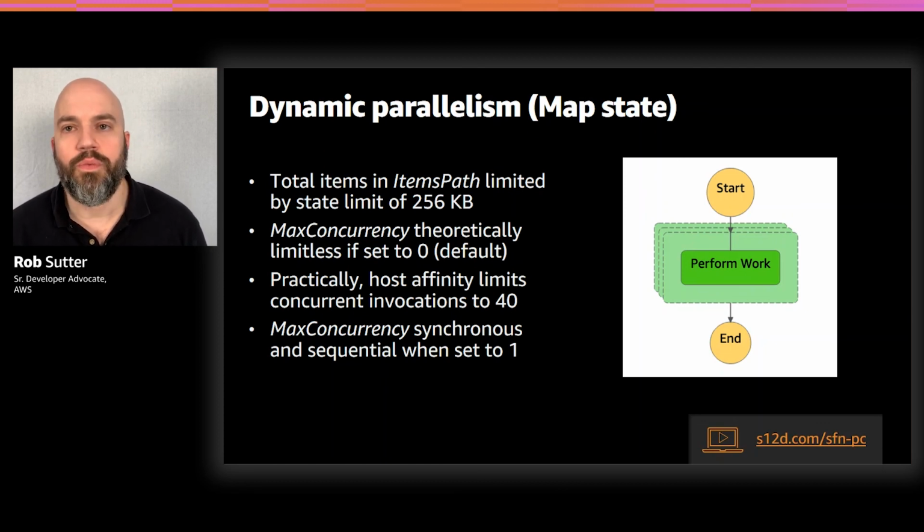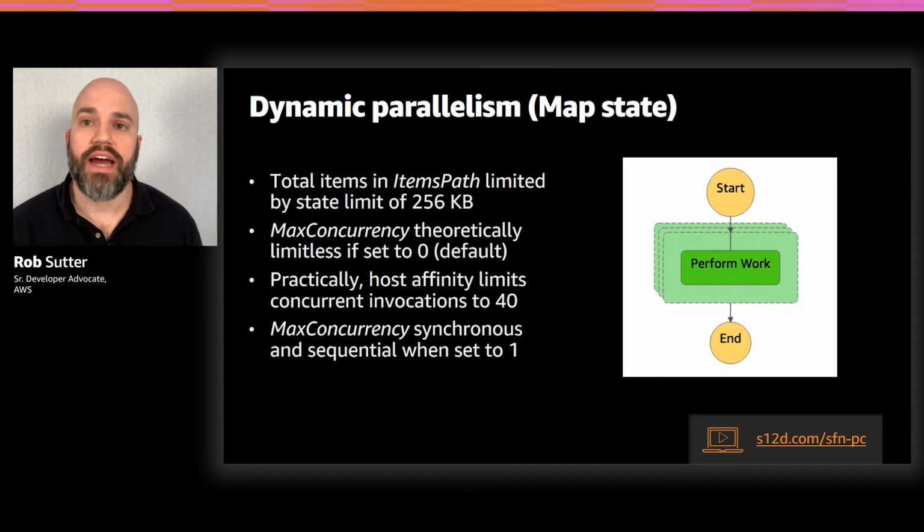However, because of the way that the map state is implemented on a single host using host affinity, the number of concurrent invocations will actually be limited to 40. This means that once you hit 40 concurrent invocations, you will have to wait for one to complete before the next one begins.